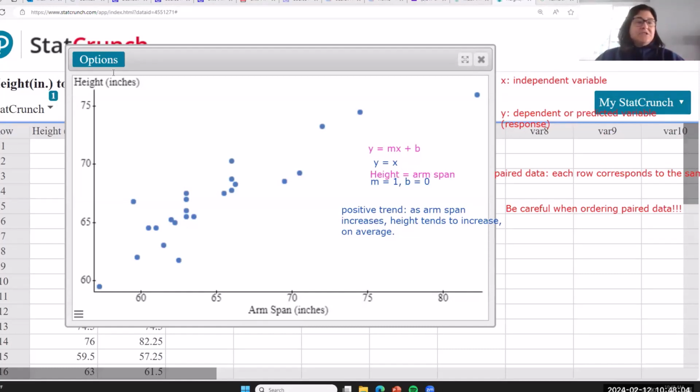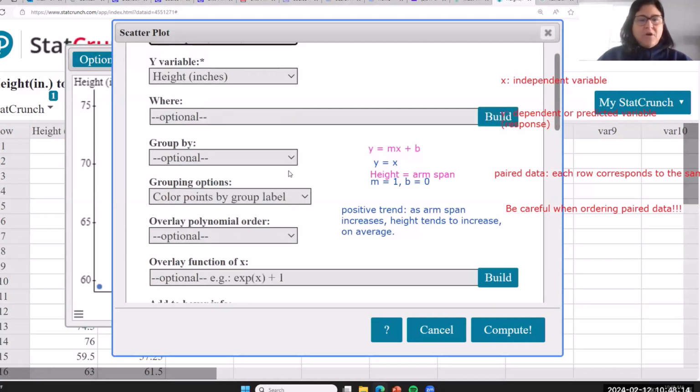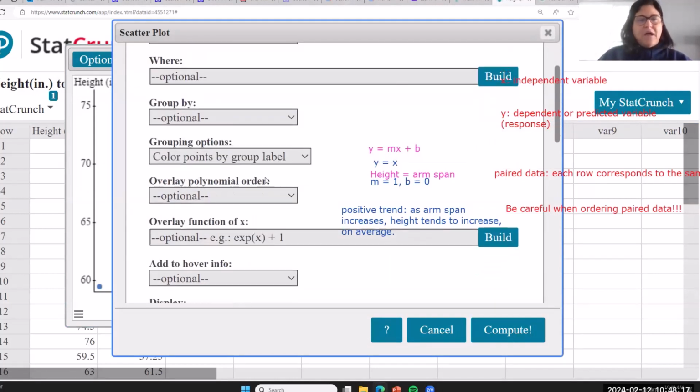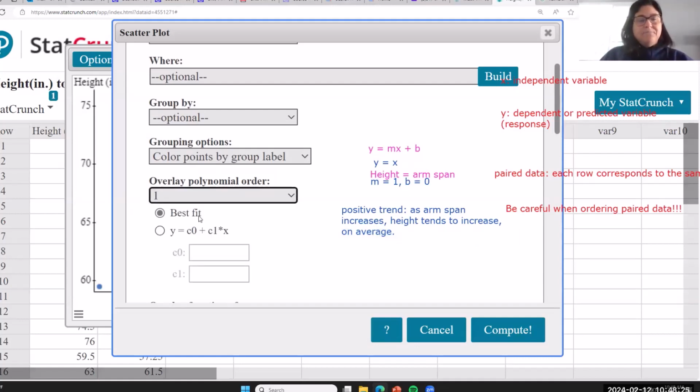So what I'm going to do is jump into the scatter plot, and I'm actually going to plot that line y equals x. So I'm going to edit this, and I'm going to overlay a polynomial of order 1. Lines are always order 1. And then here, notice the C1 is in the place of the slope.